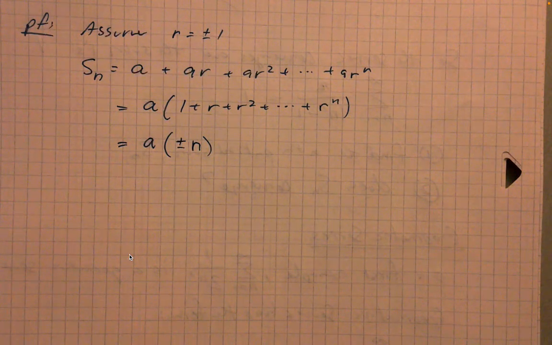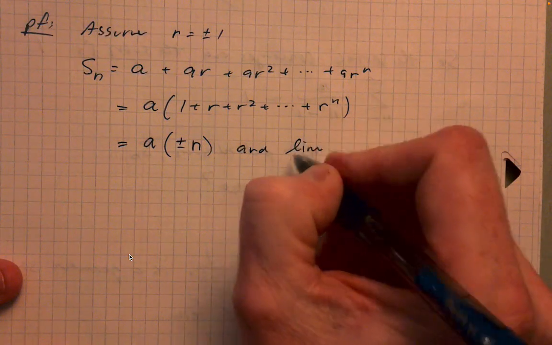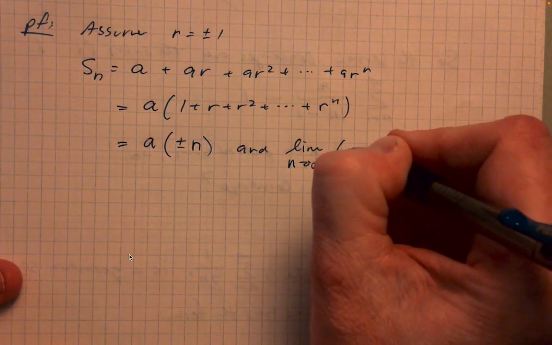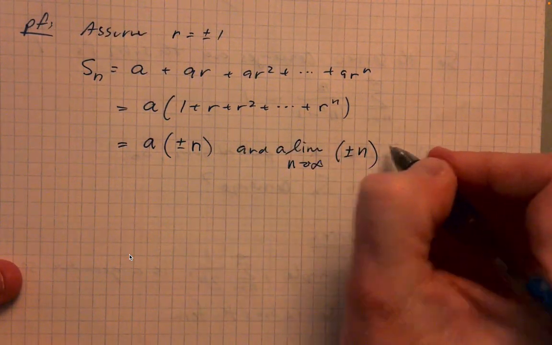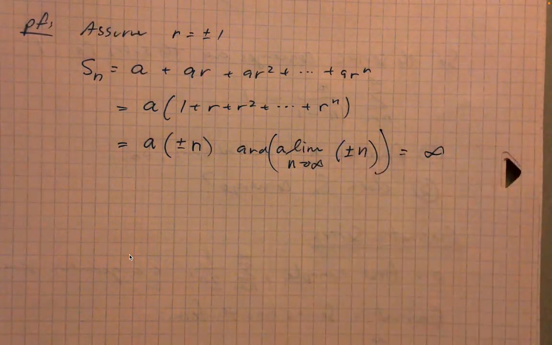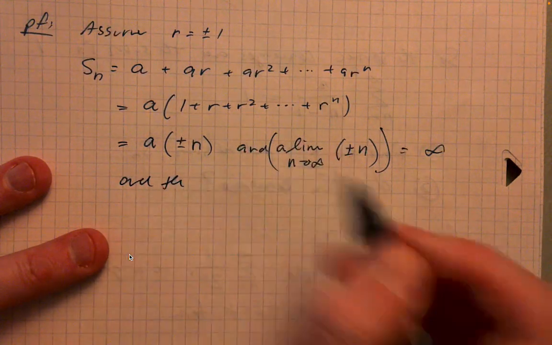Then the limit as n goes to infinity of a times plus or minus n would be infinity. It's going to grow without bound there, and that basically means that the series diverges.